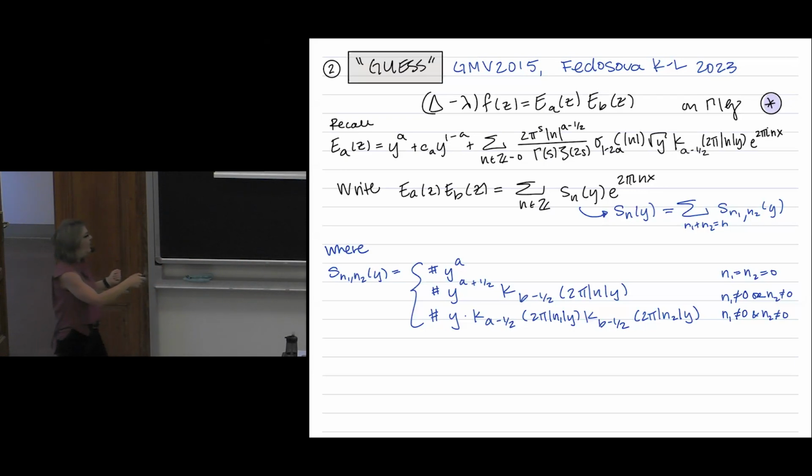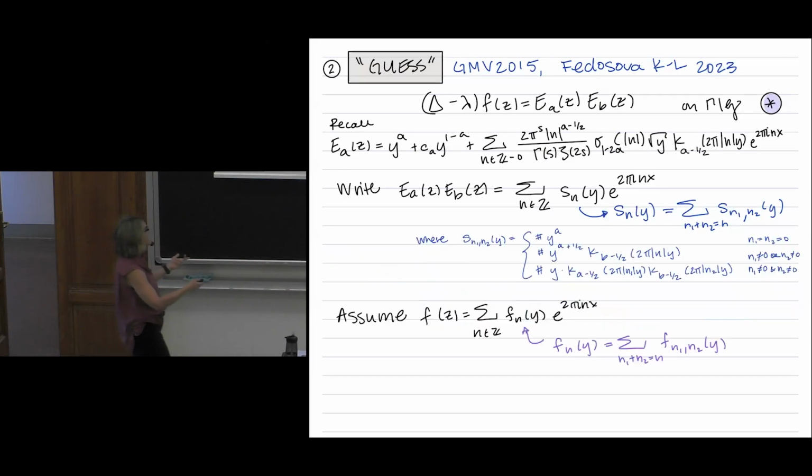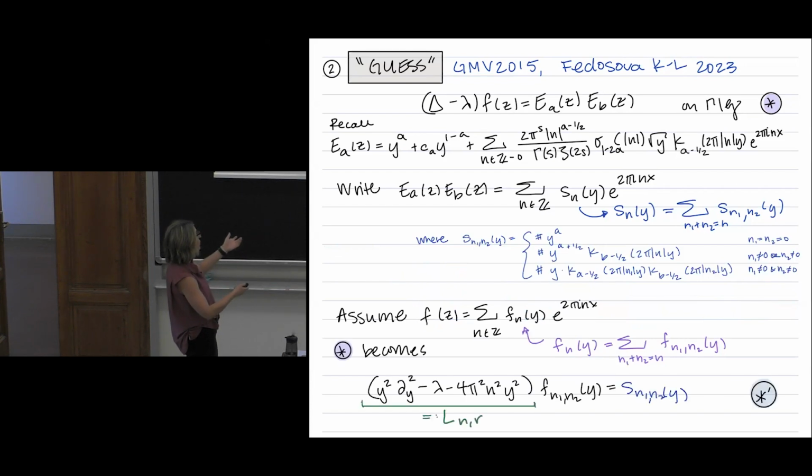So what we end up doing is a similar thing to what we did previously, which is we want to solve a system of ODEs. If I assume that my solution has a Fourier expansion, I look at the ODEs on each one of the summands of this Fourier expansion, and what we're left with is a nice system of ODEs that looks something like this.